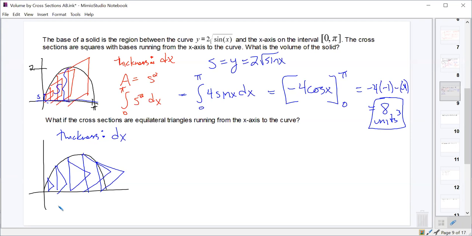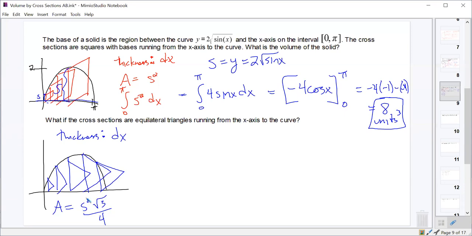And what's the area of an equilateral triangle? Root 3 over 4 s squared. Exactly. And if you don't know that formula for an equilateral triangle, if you just know the area of any triangle is 1/2 base times height, memorize this one for an equilateral triangle.